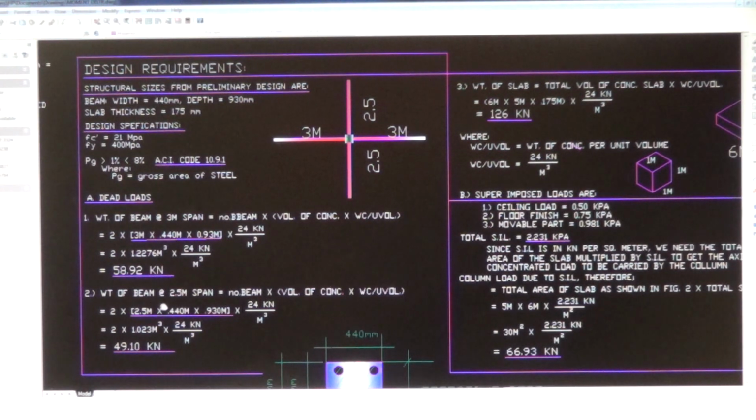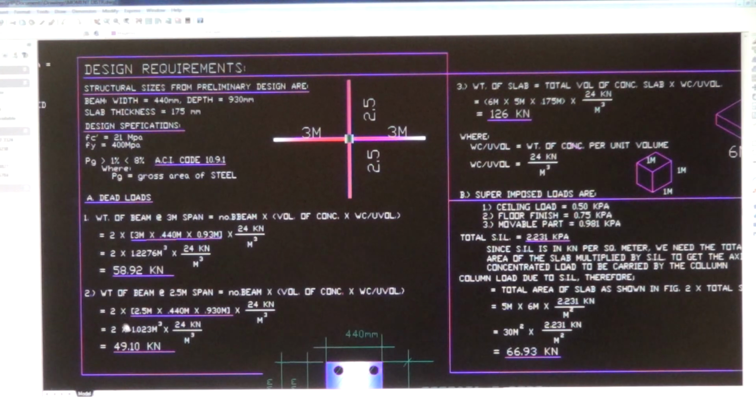Number 2, weight of beam, 2.5 meter span. There are 2 of them, and again same formula. Substitute that. 2 times 2.5 times, again this is the volume of the beam here that has 2.5 meter span. The first one has 3, this one now is 2.5.